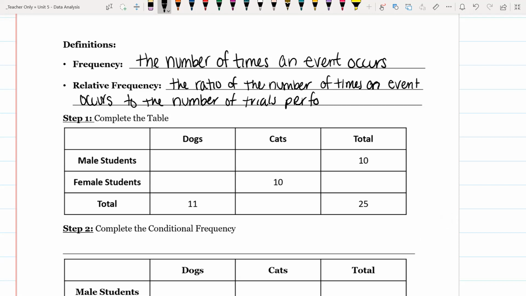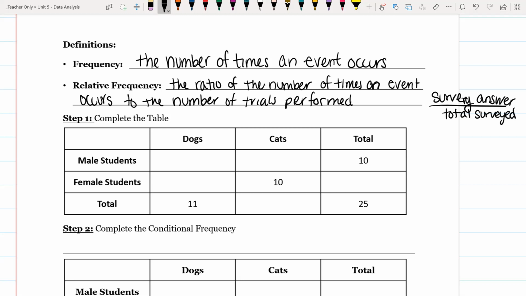So really, it's the survey answer to the total surveyed. Okay, so really it's what each person said was the answers compared to the total survey.